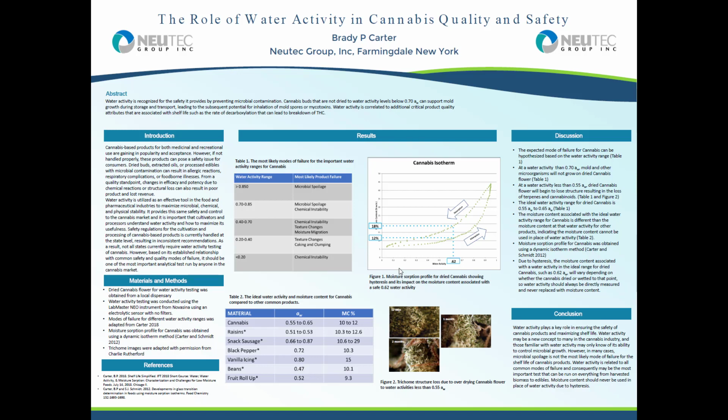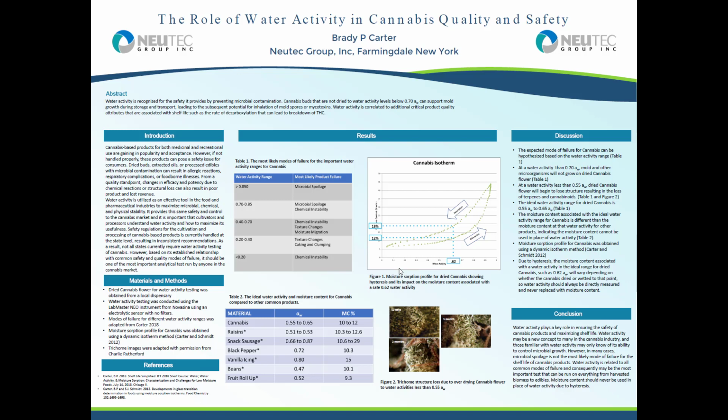And so the ideal water activity range for cannabis, as identified in the ASTM standard, is to have a water activity between 0.55 and 0.65.